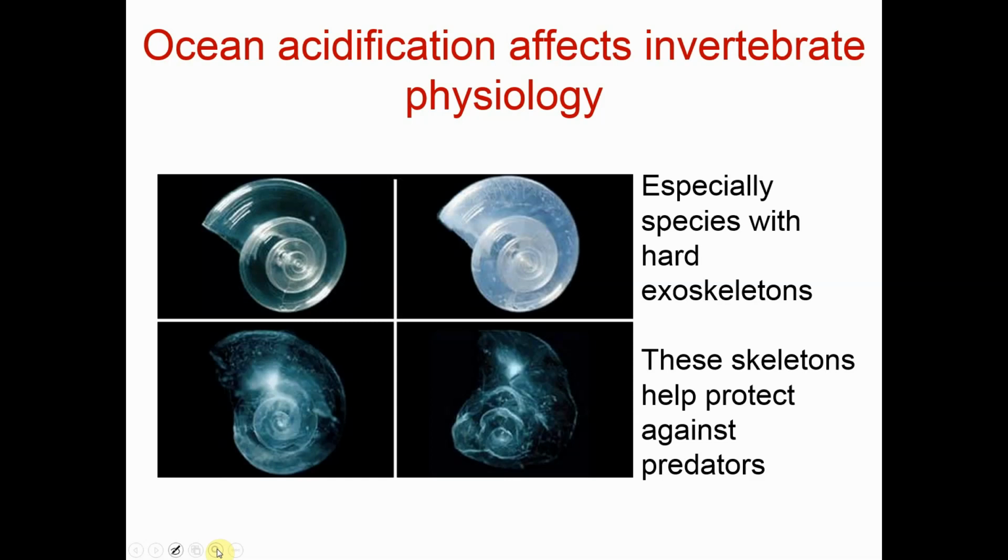And this change in physiology happens especially for species with hard exoskeletons. But these skeletons help protect against predators. The skeletons present on coral, snails, crabs, lobsters, sea urchins, they're not just there for show, they have a functional role. And crucially, these skeletons help protect the organism that has them against being eaten by predators.